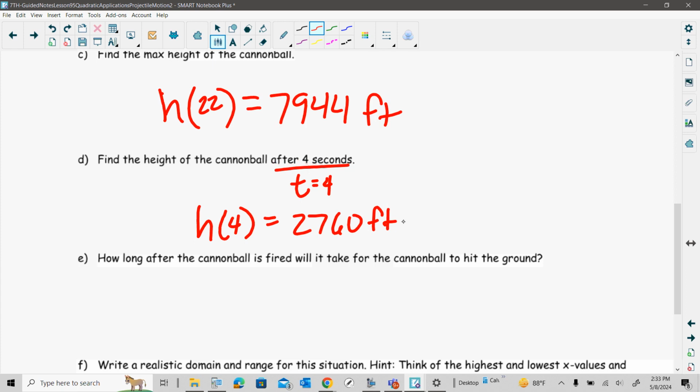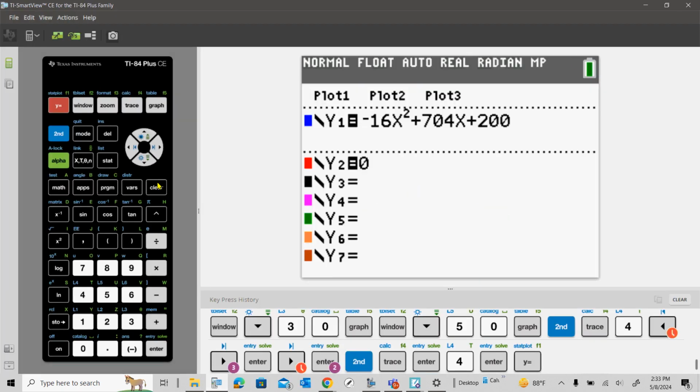Okay. Then we want to know how long after the cannon is fired will it take the cannonball to hit the ground. So hitting the ground is our x-intercept, or another word for that is our zero. So this is when I want to put y equals 0 for the second equation right here.